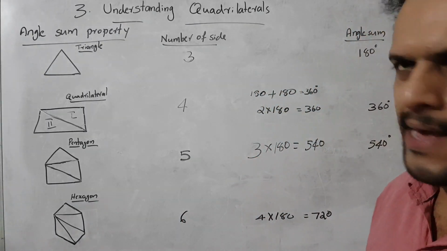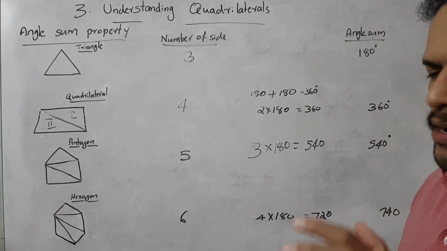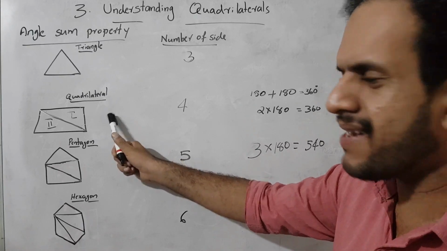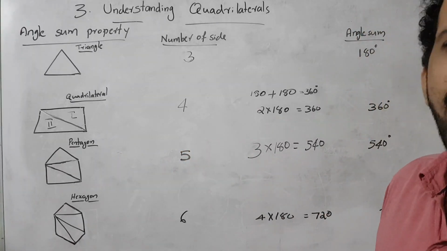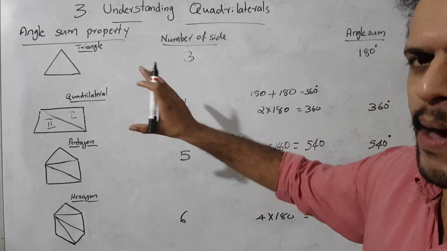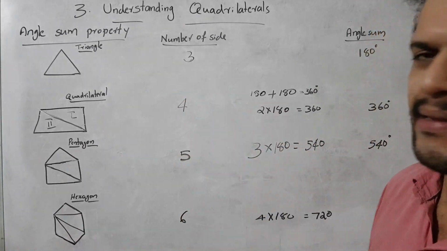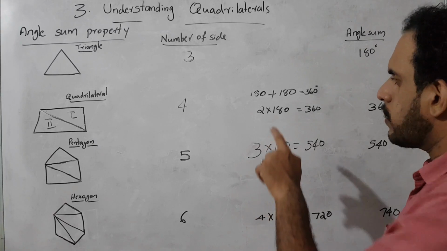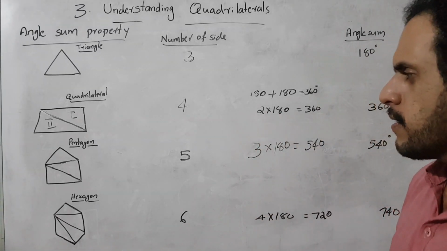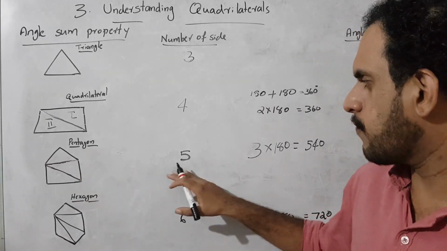Here we are getting an idea. If the number of sides of a polygon is 4, how do we find the angle sum? That one is 2 into 180, correct? Here the number of sides of this polygon is 5.